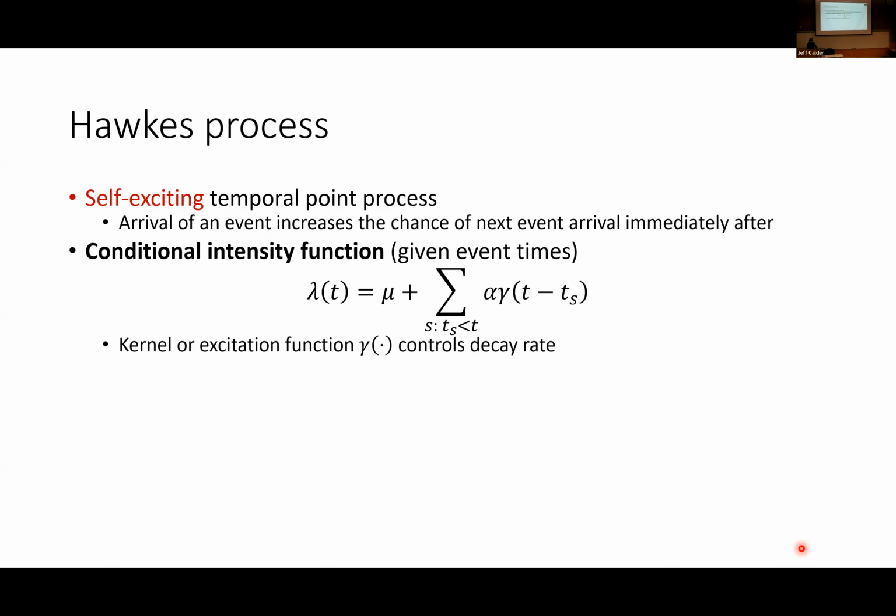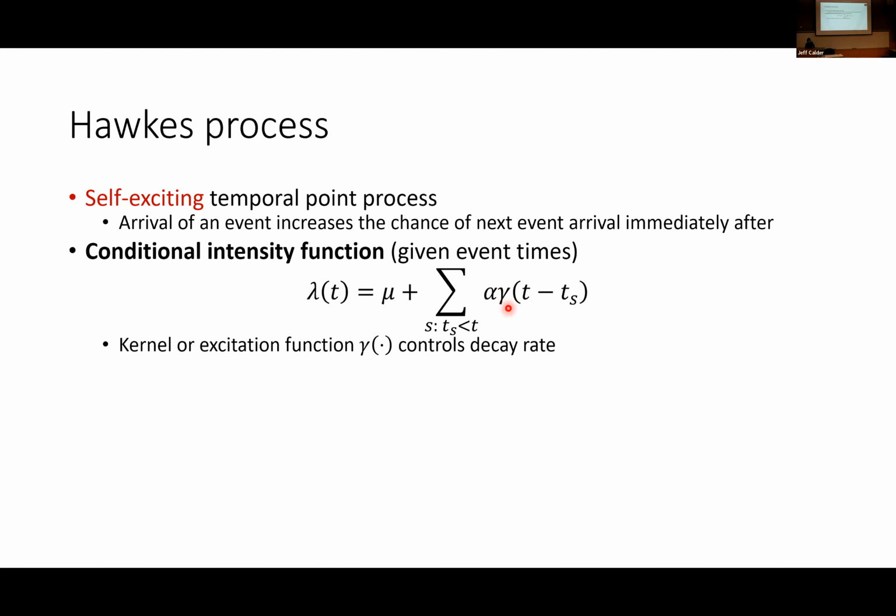And so the conditional intensity function, given the event times, has some base rate. This is like your homogeneous Poisson process rate, plus this term where after each event, where t_s is the time of a previous event, you have this jump alpha, and then you have gamma here.